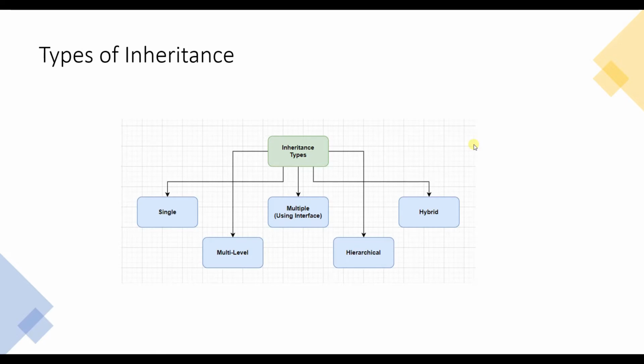Next we have types of inheritance. Inheritance has five types: single inheritance, multi-level, hierarchical, hybrid and multiple inheritance. One point we have to focus on is that multiple inheritance in C# is only achievable using interfaces.